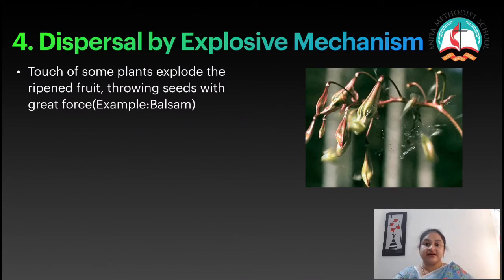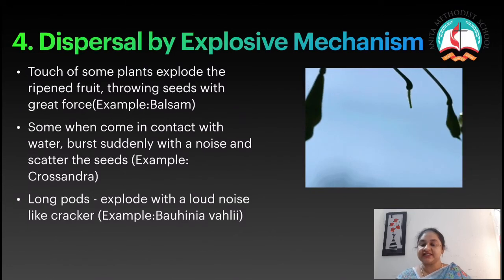And then in some seeds or fruits, when they come in contact with water, as soon as water touches it, the seed or the fruit bursts and scatters with a noise, as we see in Crossandra. And then long pods which explode with a loud noise like that of crackers are also seen there.